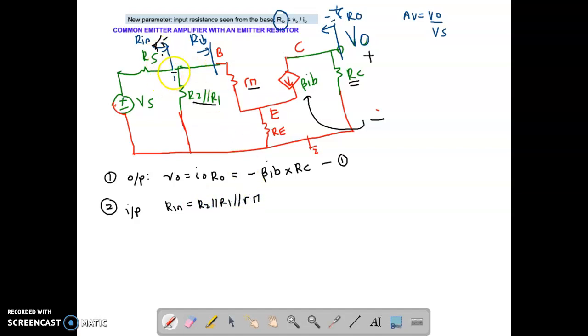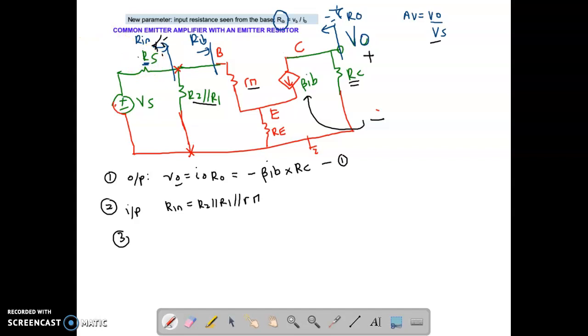Okay, number 3, you're going to find the relation between V out and Vs. So now let's move to your Vs. At your Vs, we need to introduce another parameter here. Why? Because your Vs is not equivalent to this voltage drop here, because you have Rs.